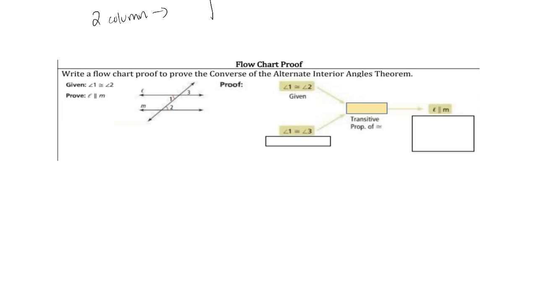Right, the left, right, it looked like this. This was our statement, and this was our proof, right, or our reason. So statements on the left, reasons on the right.